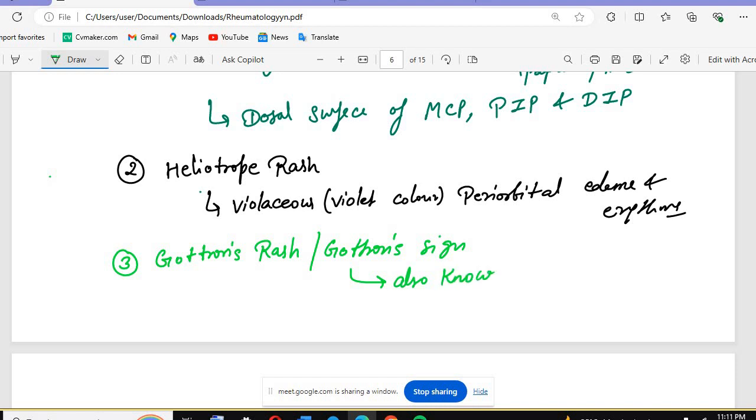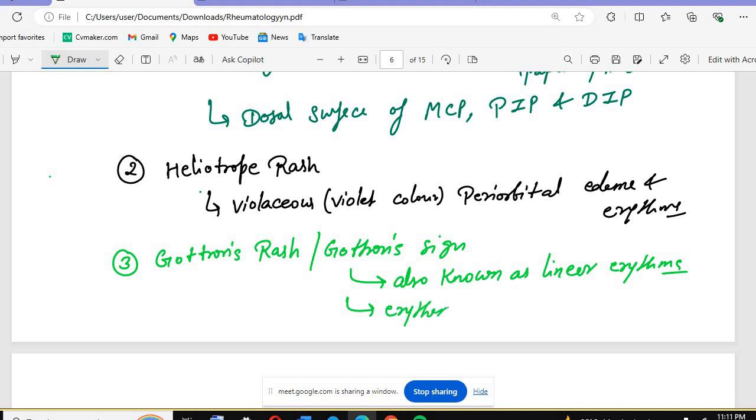This is also known as linear erythema. This is the linear erythema or the macular erythema, where you will see this type of erythema.